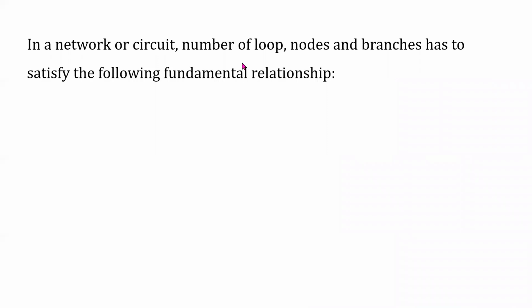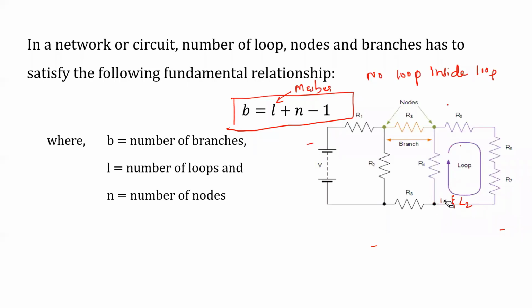In a network or a circuit, the number of loops, nodes and branches has to satisfy the following fundamental relationship. That relationship is: number of branches equals number of loops plus number of nodes minus 1. In this circuit, how many branches are there? 1, 2, 3, 4, 5, 6, 7, 8, 9, 10.